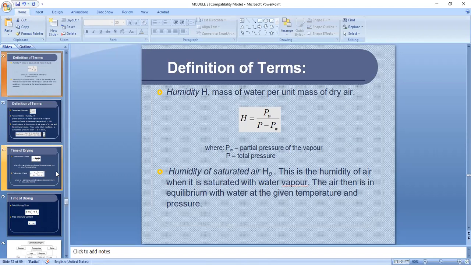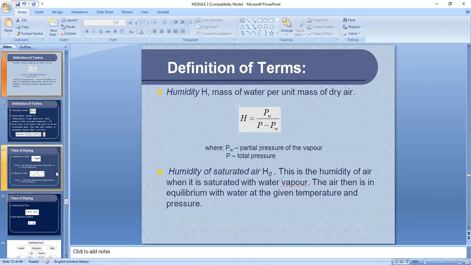Now, we also have here the humidity of saturated air, and that's H sub O. And by the way, other references will represent humidity as Y. Okay, so here I represented it as H. So saturation humidity, or humidity of saturated air, is the humidity of air when it is saturated with water vapor.